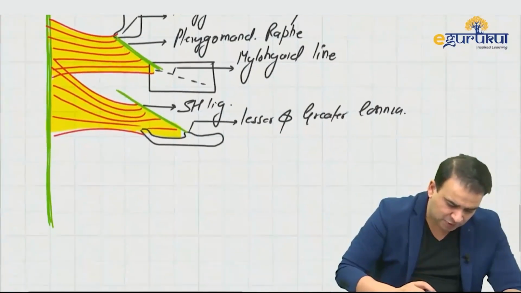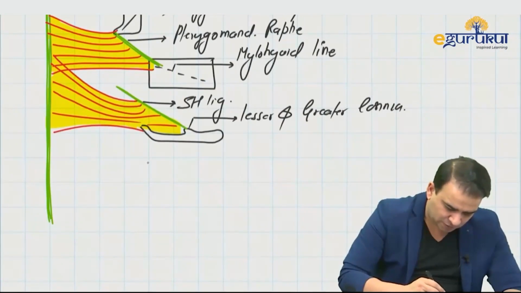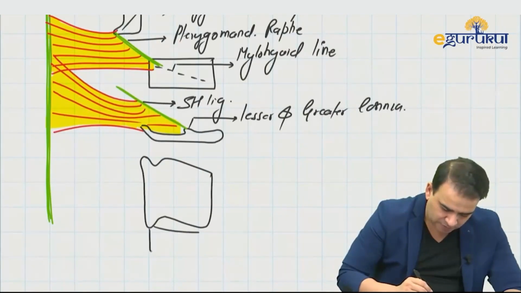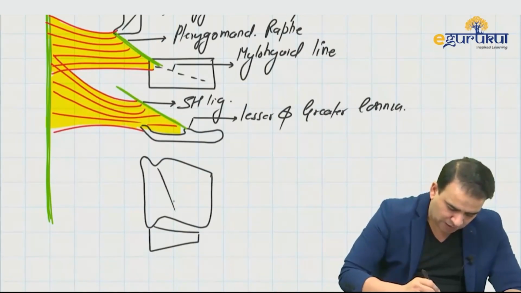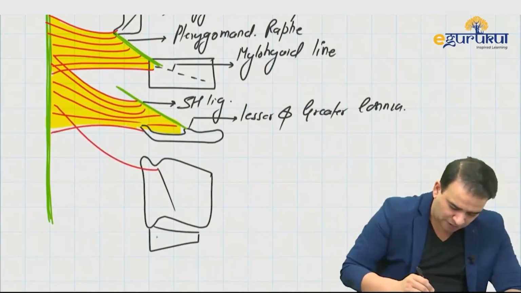Whereas the inferior constrictor muscle, we said it is having two parts, one from the thyroid and one from the cricoid cartilage. So once again, if I sketch this thyroid cartilage here, there is a cricoid, that's the oblique line. Here we got the muscle overlapping.